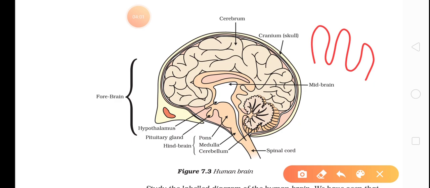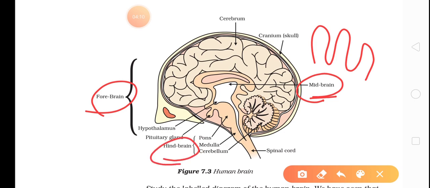Come to the next, that is your midbrain. So we have three: forebrain, midbrain, and hindbrain. The forebrain occupies the maximum area, which consists of the cerebrum. Below the cerebrum, you have your midbrain.